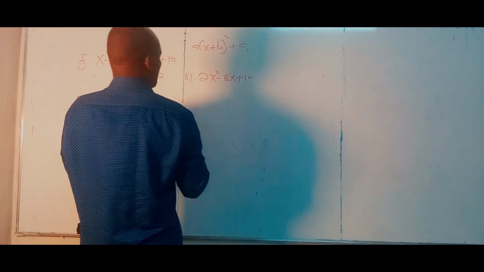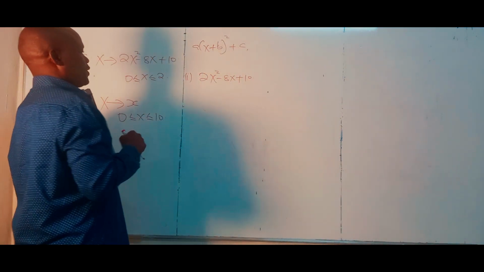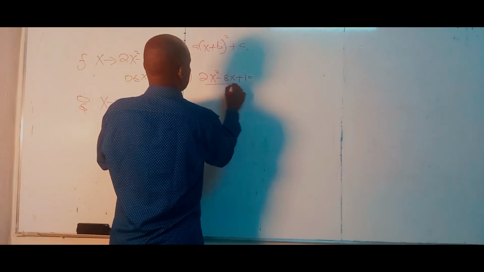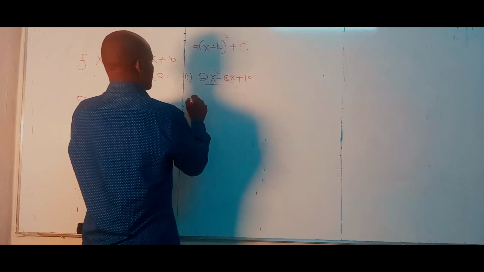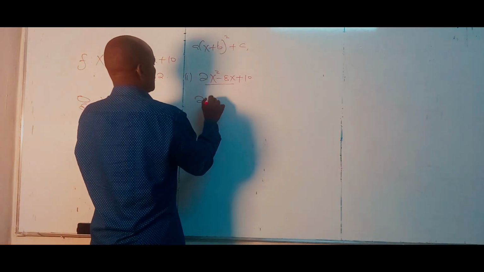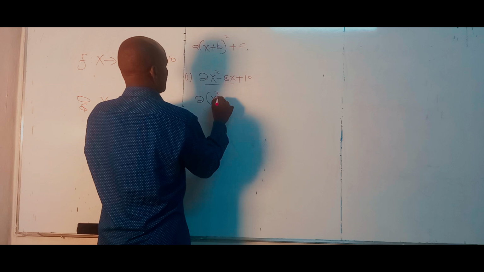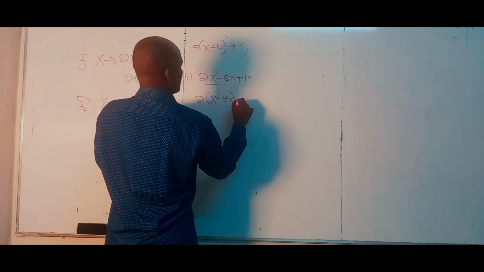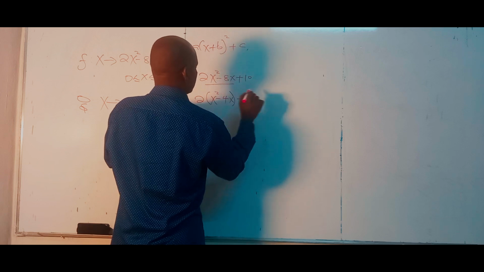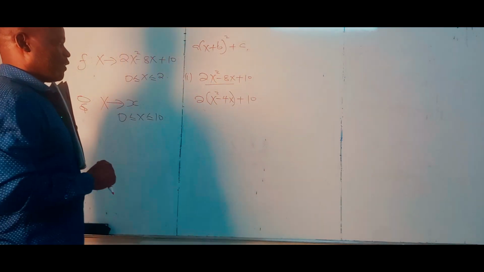So here, this is how we go about it. I can write it as 2 into (x squared minus 4x) plus 10. So that's another way of writing it.